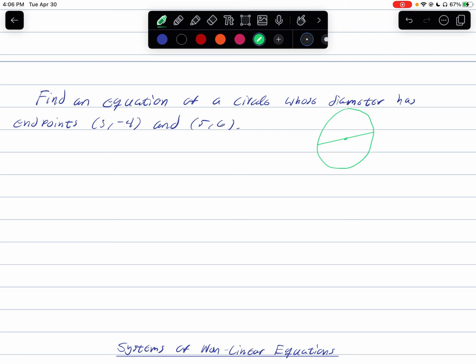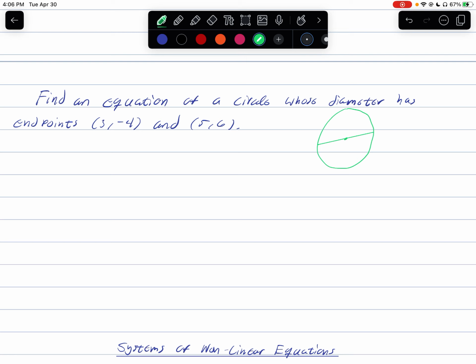What's really cool here is that the center is always going to be the midpoint of the diameter. So if you find the midpoint of these two opposing points, you'll get the center, and we're going to need the center if we want to find the equation for our circle here.